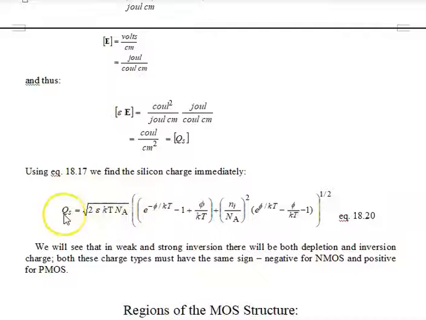So here we have an expression, and this is our basic expression now for the surface charge at the oxide silicon interface as a function of these 6 terms, and the question is which of these terms are important. It depends on the region. Not only that, we'll find that this term is insignificant.